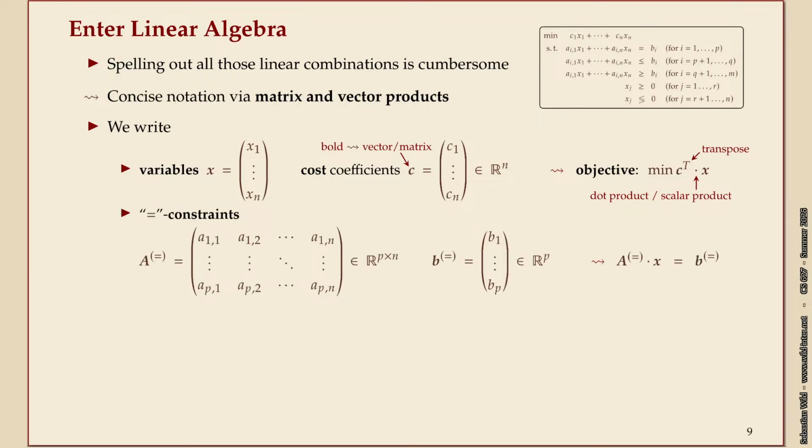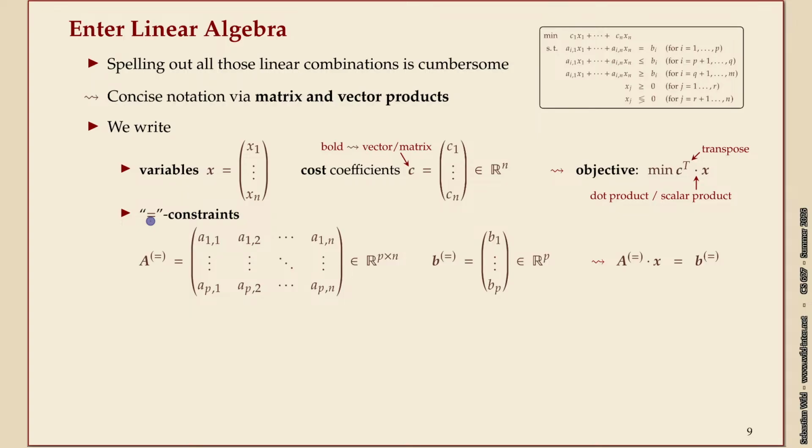Then for the constraints, we can do both. We can fold the scalar product between the coefficients of one constraint and the vector of variables into a vector product. But we can also fold all the constraints in the other dimension into a matrix. So we'll write all the coefficients of all the constraints in one matrix. Here I'm just picking the equality constraints for now.